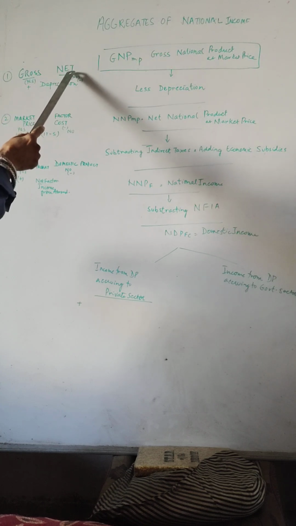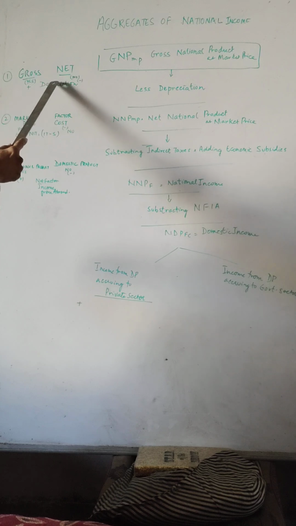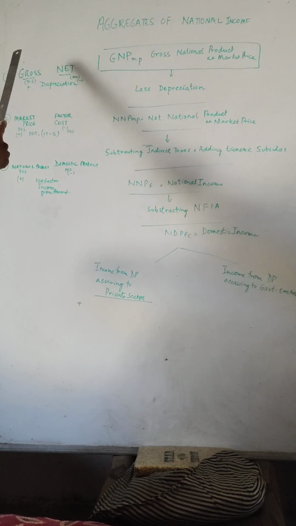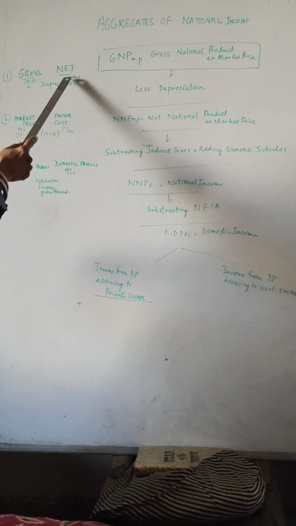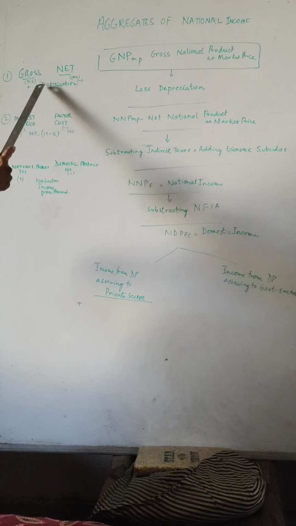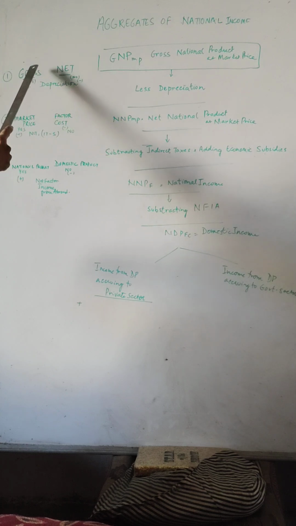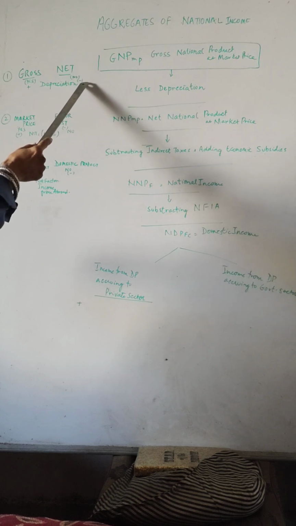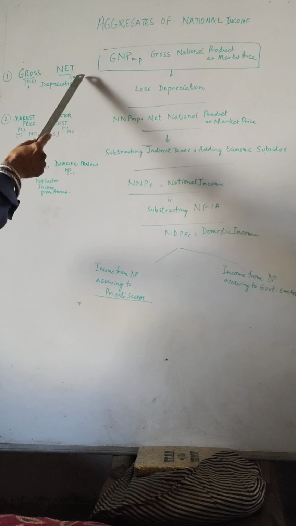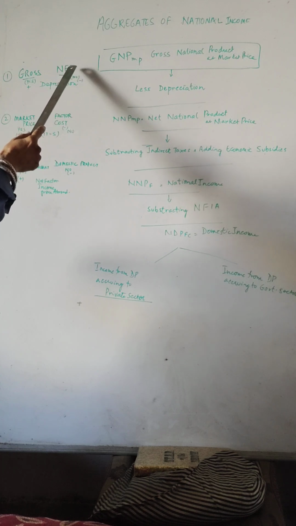So if you want to go from net to gross, then depreciation has to be added to net to get gross. Net plus depreciation gets you gross. And if you have the gross numeral and from there you want to go to net, then from gross you have to take out depreciation, minus depreciation, and you get a net aggregate.